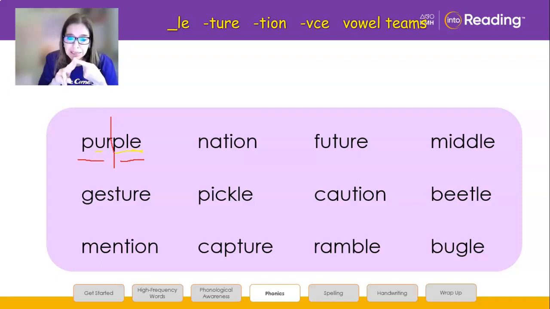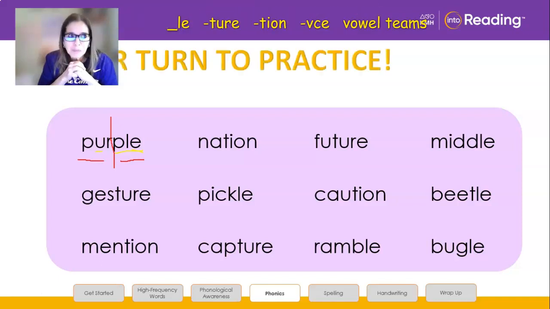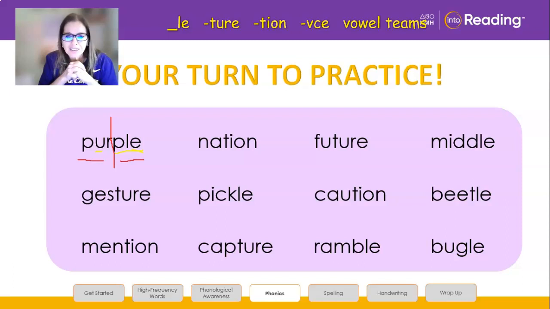Because vowel teams stay together. Also, vowel separated E patterns stay together. Also, today we discussed final stable syllables with the consonant LE, FLE, BLE, TLE, KLE are going to stay together.